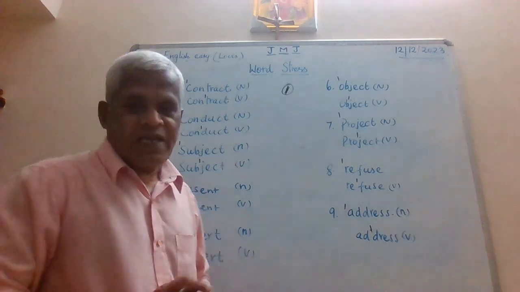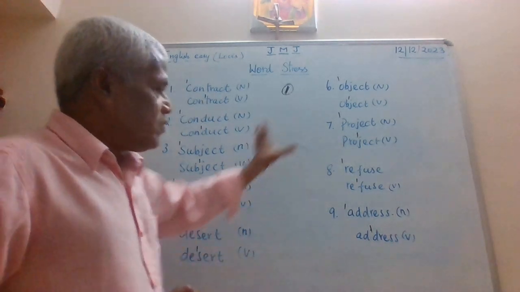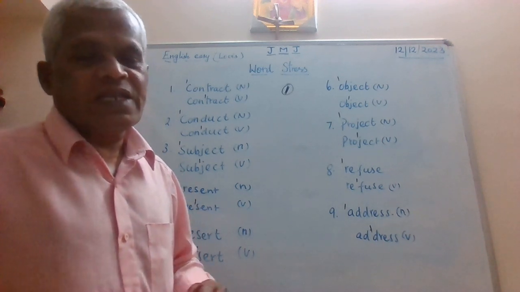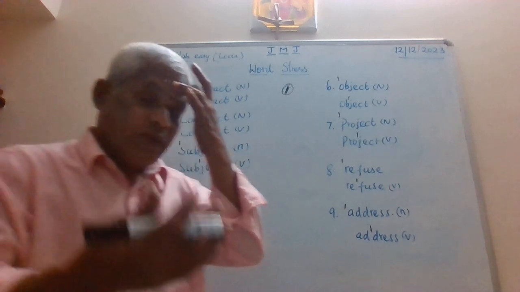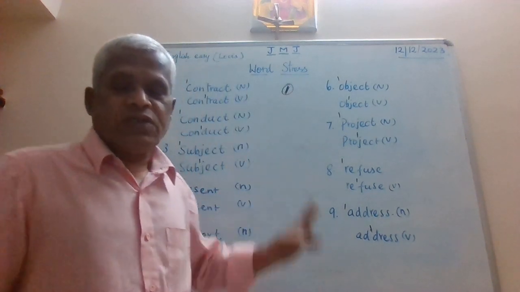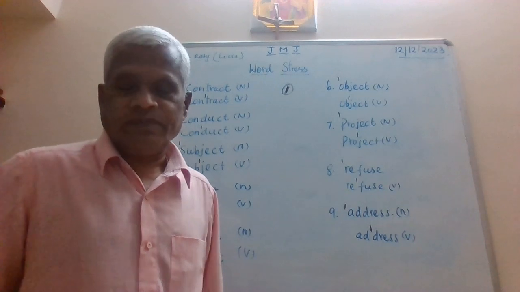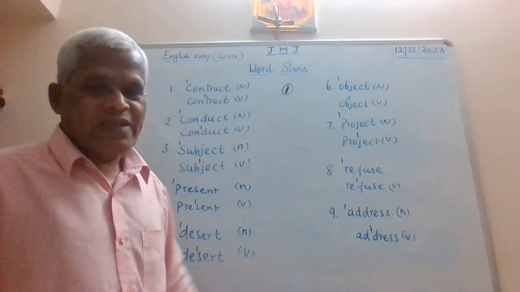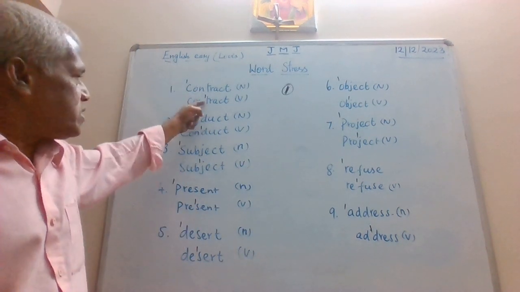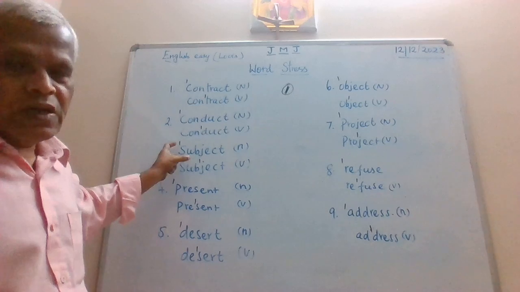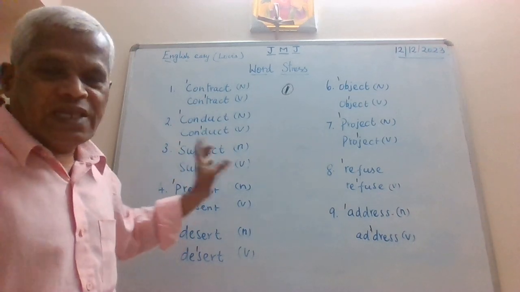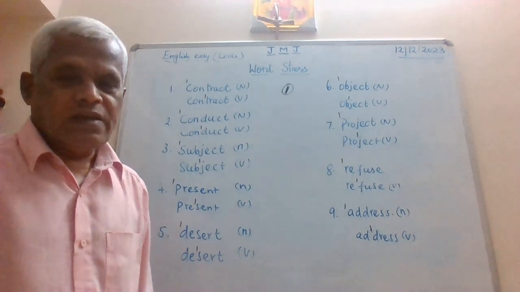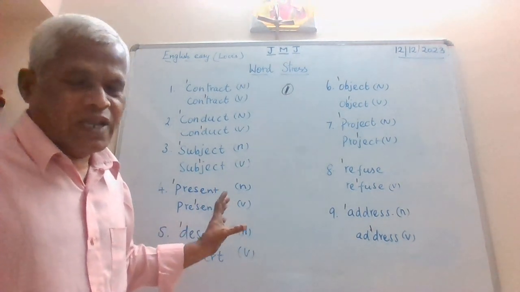So for our sake, I just wrote all the pairs of words here so that it will be easy for us to read and understand the meaning. So like in my previous video, I will read these words to you and then explain the meaning one by one. And I have written all the 9 pairs of words having the stress. See, if you see this black mark on the top of every word, it means that there you have to pronounce strongly, stress the word. That's what it means. Okay, guys?